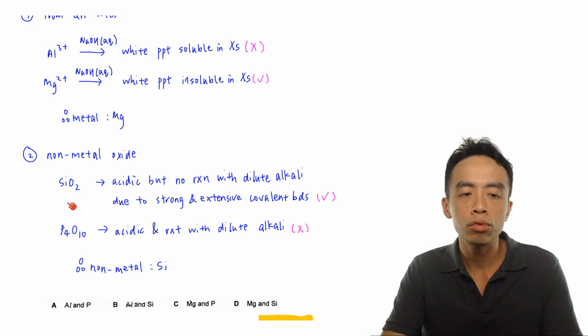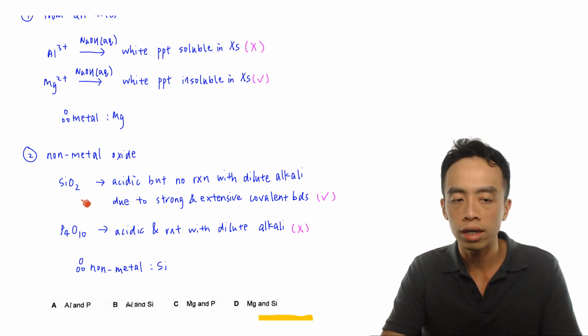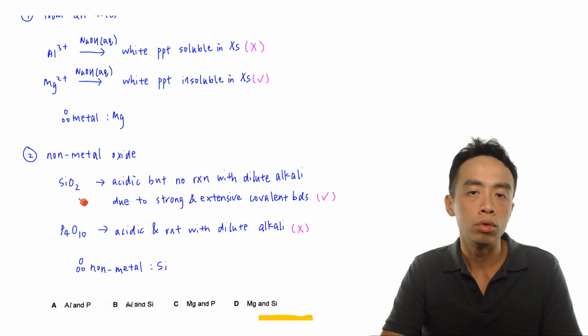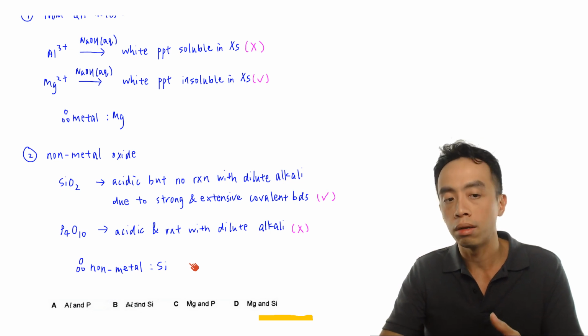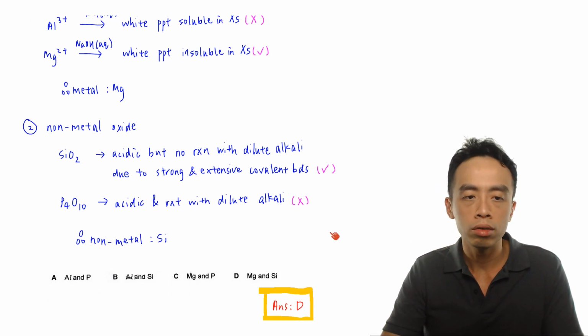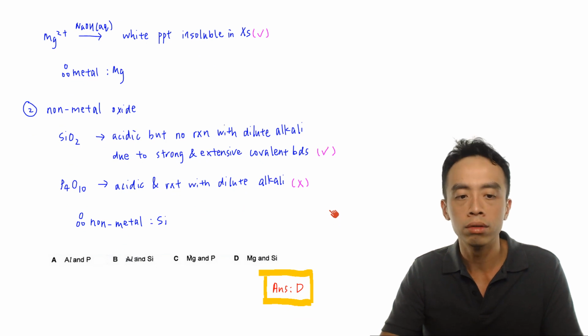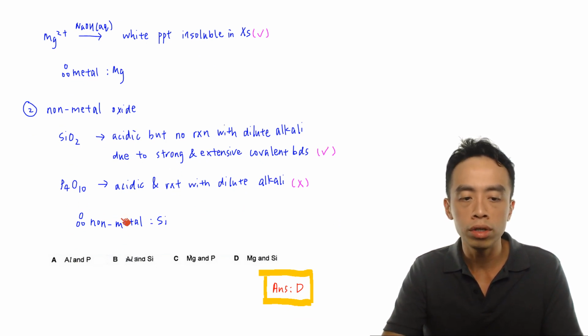So if I look at silicon dioxide versus P4O10, SiO2 will give me the consistent observation as compared to what is given in this question. So we would expect this non-metal to be silicon. So we have already identified the metal and the non-metal. The metal will be magnesium, the non-metal will be silicon. So if I run through these options, the answer to this question obviously will be option D.